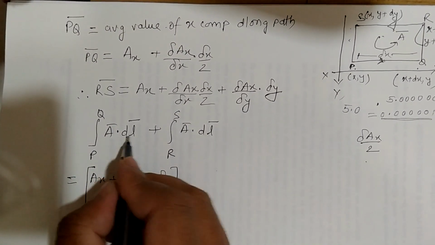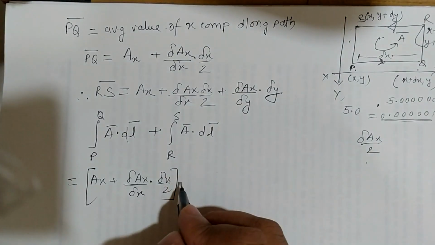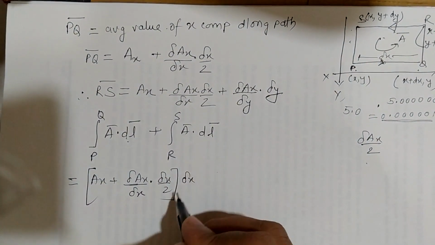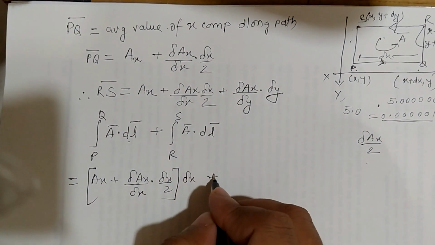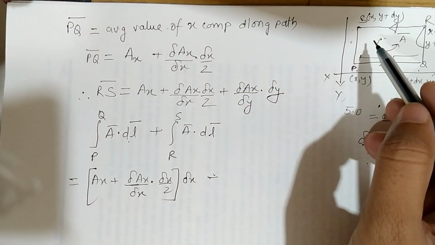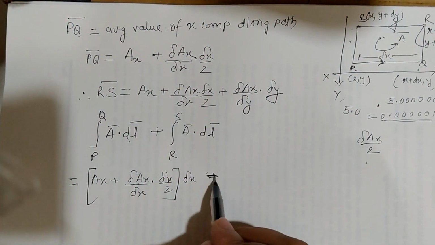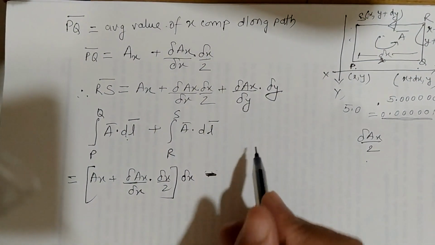Since the length is along the x, here we are using delta x. Plus, for RS, which has the negative direction, that's why I am considering it as negative.